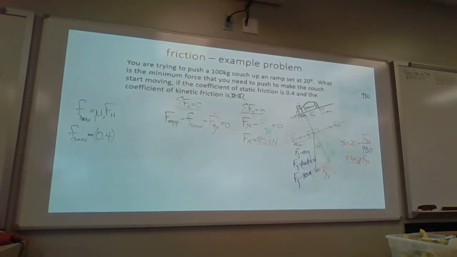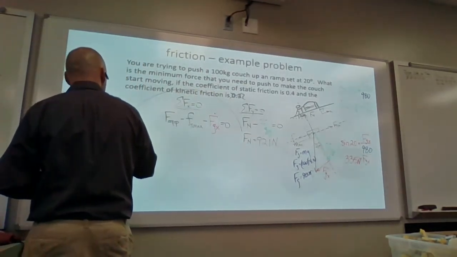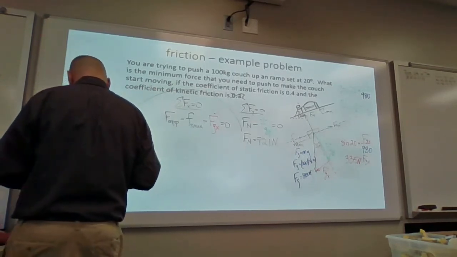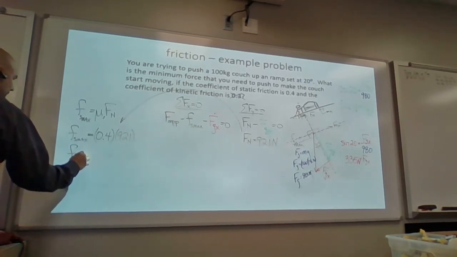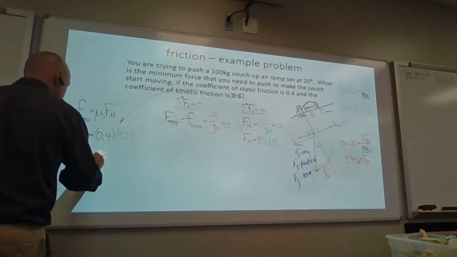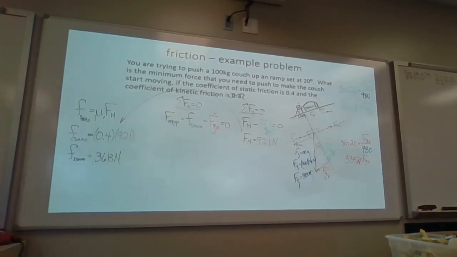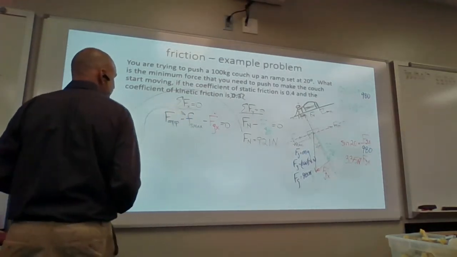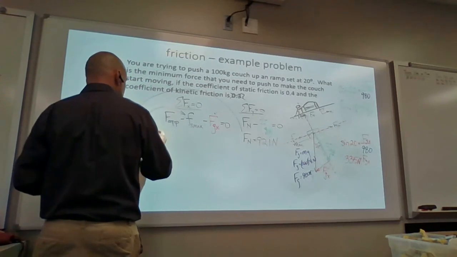What can I do with that? 0.4 times 921 newtons gives me maximum static friction, which is equal to 368 newtons. And then what can I do with that? Tell me I'm almost done.